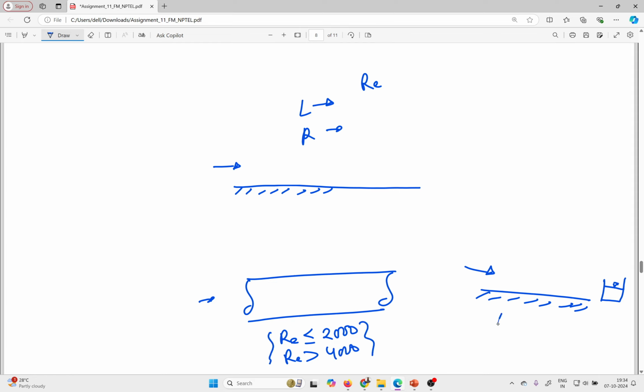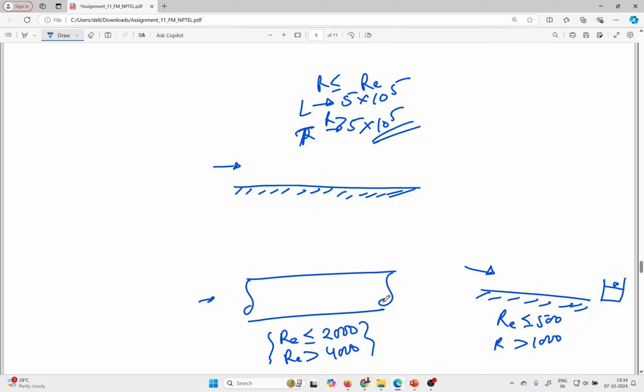In an open channel, it is less than or equal to 500 for laminar and greater than 1000 for turbulent. But when water flows over a plate, laminar is up to 10 to the power 5, and turbulent is greater than 10 to the power 5. So remember please.